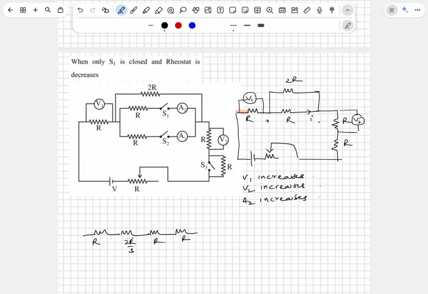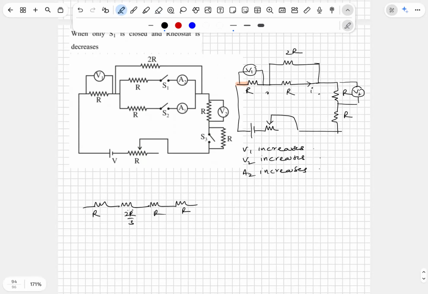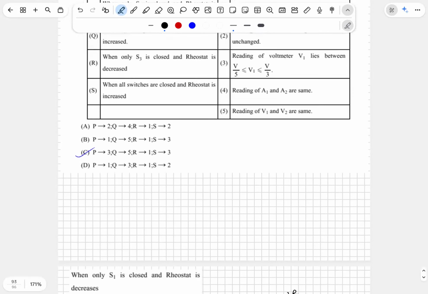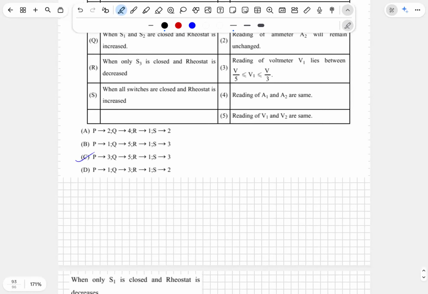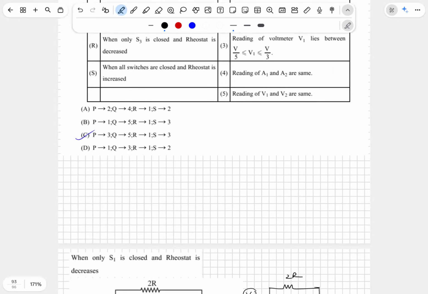It is nothing but 3 is to 2 is to 3 is to 3. So the drop across here is 3 by 11 V. Here also 3 by 11 V. Here also 3 by 11 V. Here it is a 2 by 11 V drop. So what do you want? The reading of the voltmeter V1 lies between V by 5 and V by 3.